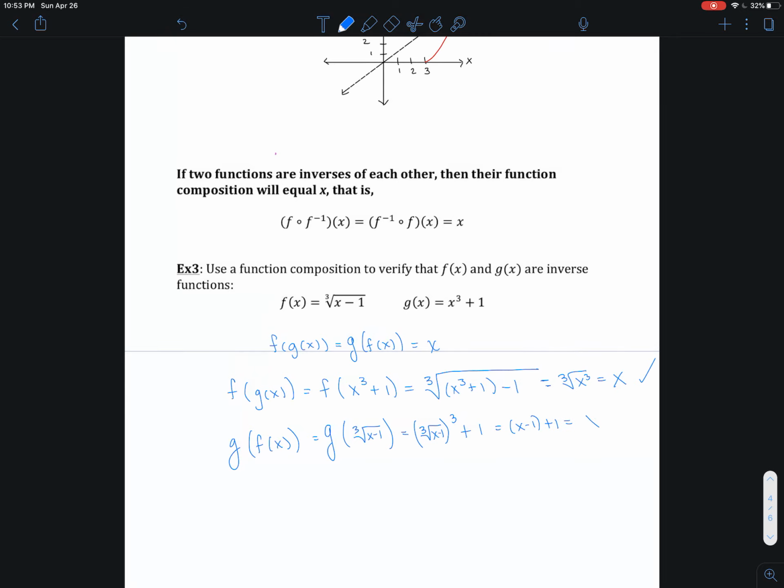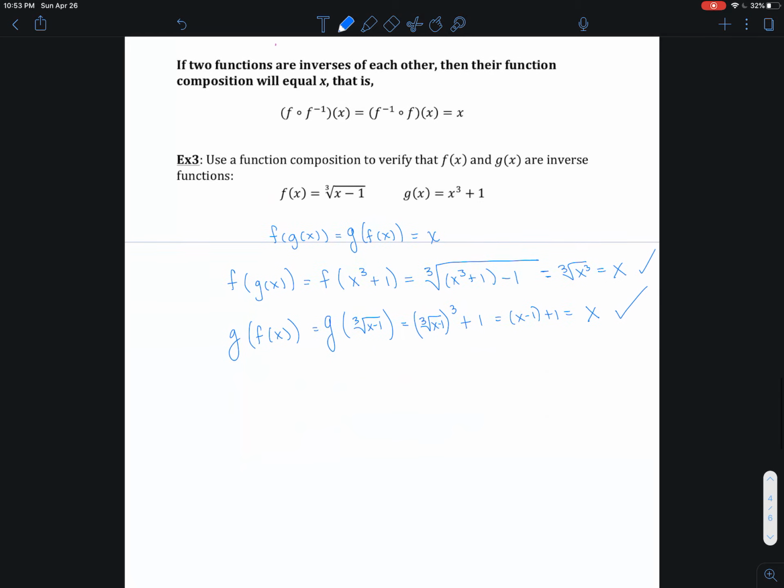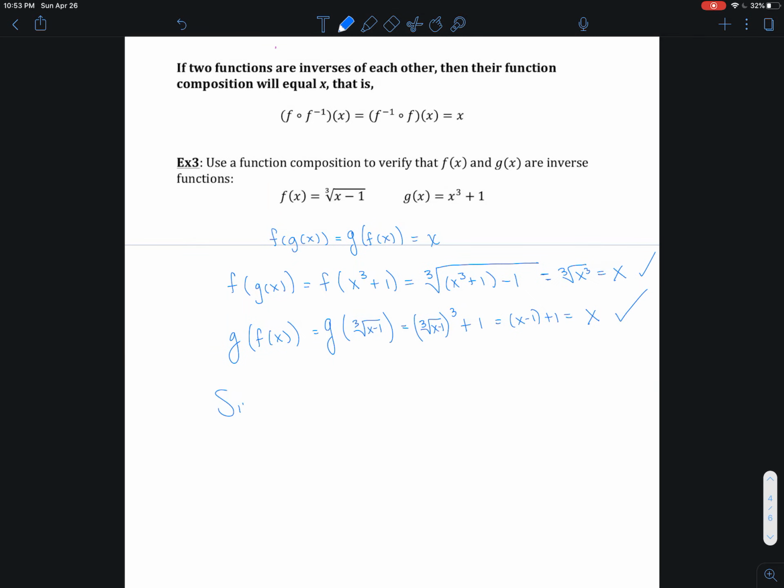The 1's cancel, and again, I get x. So since f of g of x equals x, which also equals g of f of x, okay, we know f of x and g of x are inverses of each other.